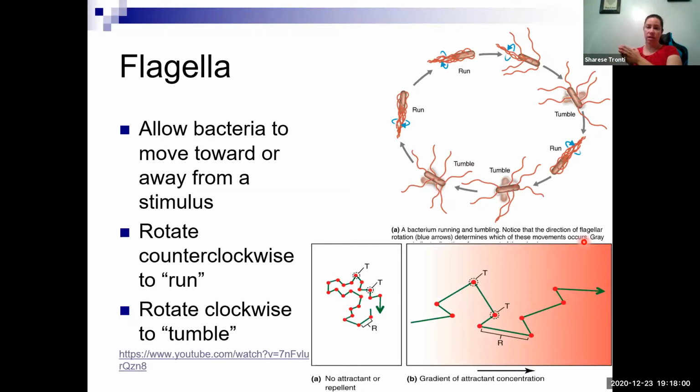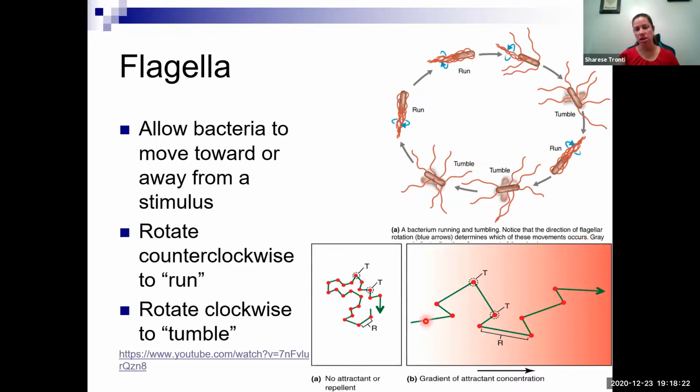If they're getting hotter, or moving in the direction that they want to be moving in, then they'll keep going, and if not, they'll stop, tumble again, move into a different direction, and start running in that direction, and do it all over again. So if they're getting hotter, they'll keep going, and if they're getting colder, then they'll tumble again.